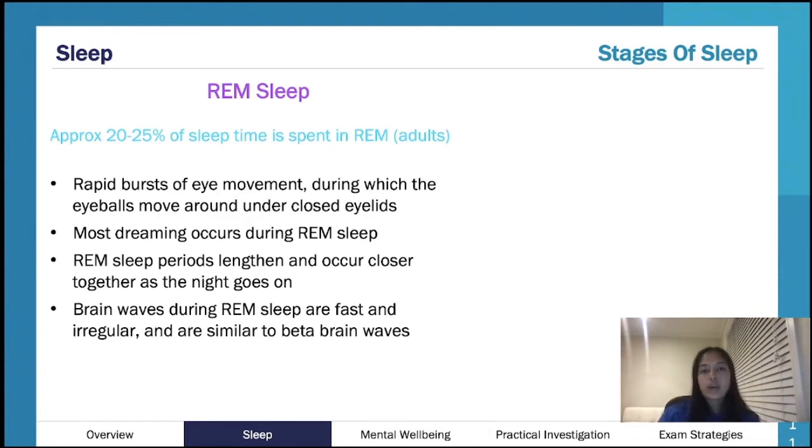These fast waves are called beta brain waves. They're associated with higher brain activity, and that's what you see in REM sleep. So it's this idea that the brain is pretty active. And then you go from beta to alpha to theta to delta. Delta is your slowest, and those are the ones that you see in your deep sleep.